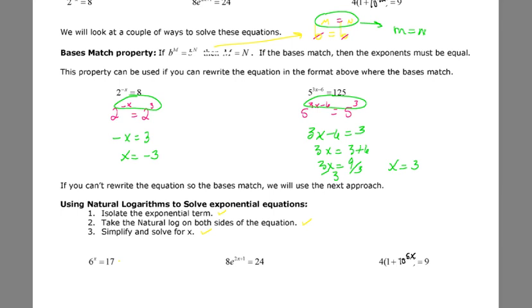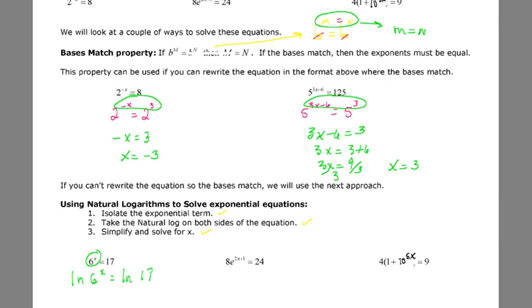The logarithm is basically going to undo the exponent. Here is our exponent term. It's the term that has the base and the exponent. It's isolated, it stands on one side, so simply take the log of both sides, and I'm going to choose the natural log. So I'll take the ln of 6 to the x equal ln 17.